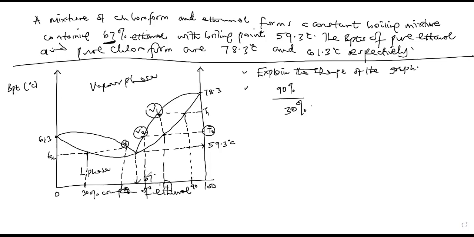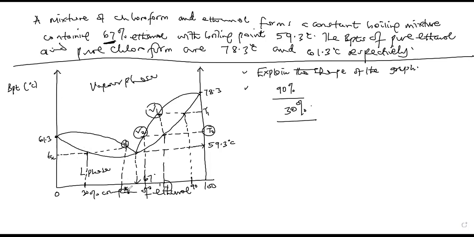So one would say, in case they said 30%, when a mixture containing 30% of ethanol is heated, it boils at temperature Tx, I've used Tx, to form a vapor of composition V1 containing a higher percentage of ethanol than the original, because you can see the original was 30, but now we are here.